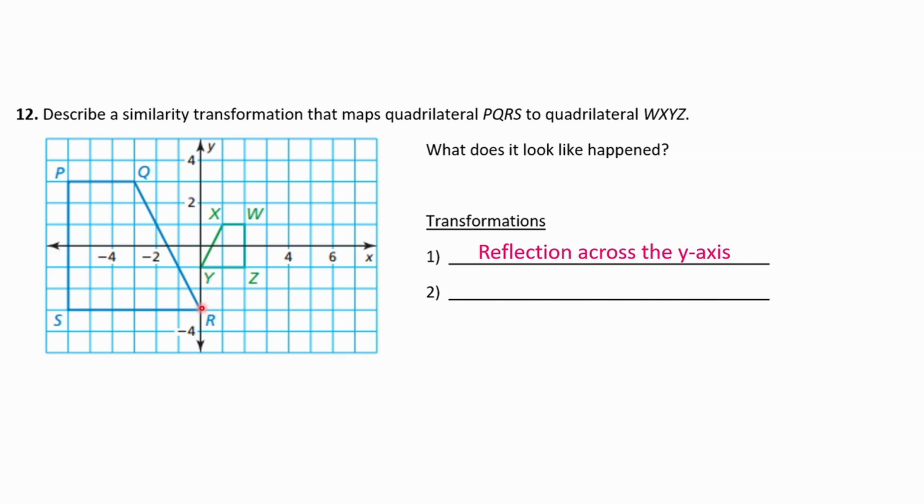Well, in order to shrink down from a distance of 3 down to a distance of 1, the scale factor has to be 1/3. And for our purposes, the scale factor is always going to be the same for all of my points in each polygon that I work with. So I can safely assume that that 1/3 is going to apply to all my other values as well. So that means my last thing here is a dilation by a scale factor of 1/3. So these are the 2 things that we need to take this blue figure to the green figure.